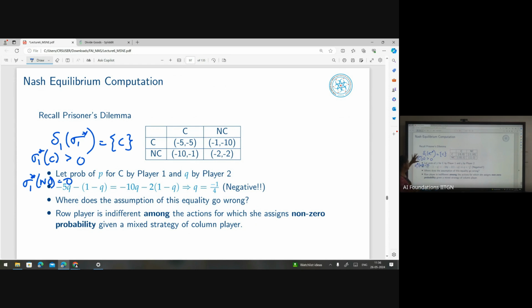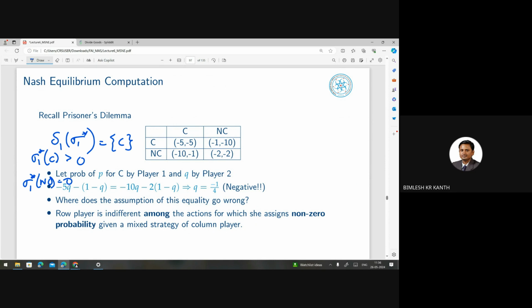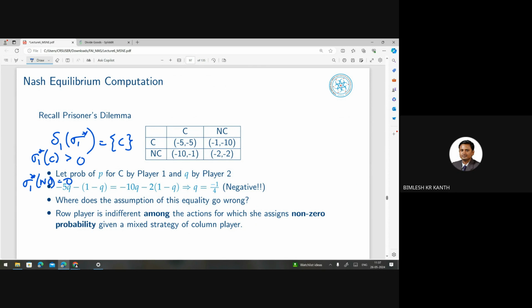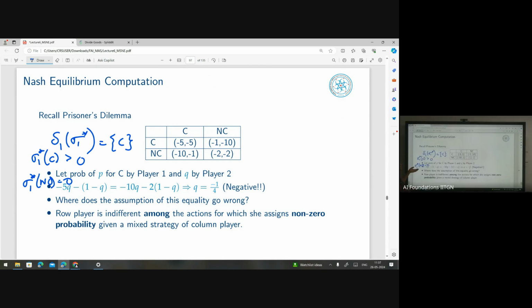The support is only C. Then sigma 1 star of C is greater than 0. And why is this greater than 0 and why is NC equal to 0? Because it is not in the support. Correct. It's not in the support, so it's not assigned any probability.